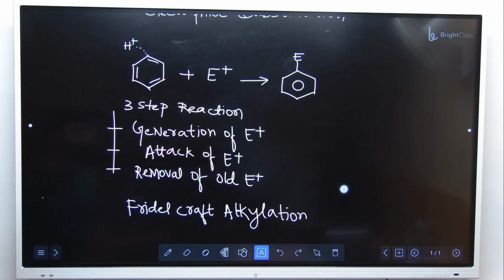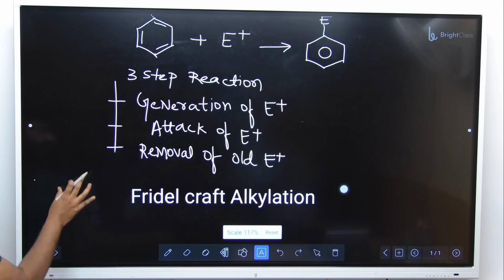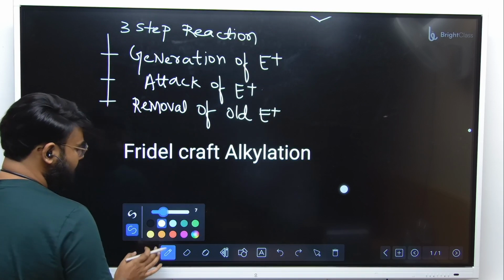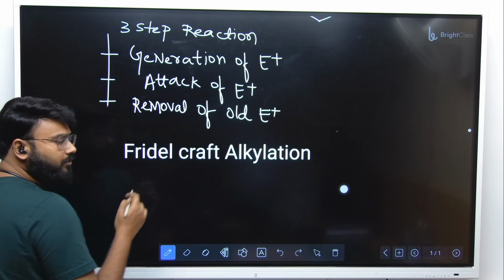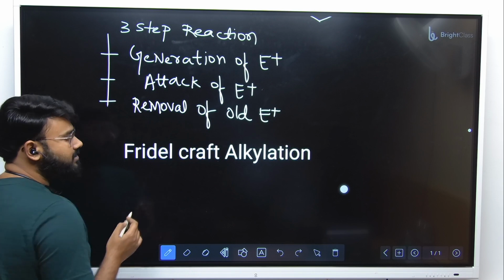We will discuss Friedel-Crafts alkylation, guys, FC alkylation. Now, all of you give this headline, Friedel-Crafts alkylation.